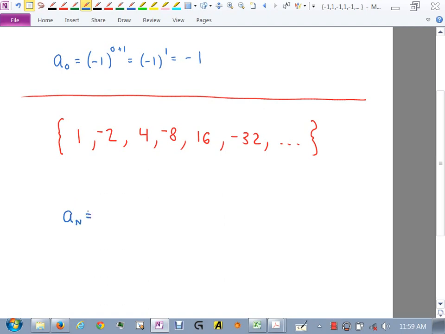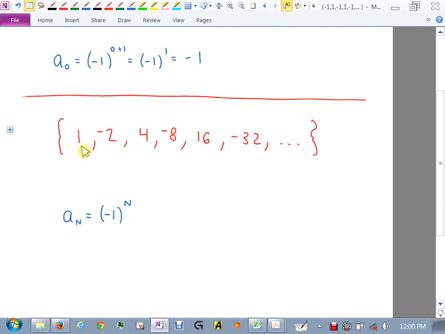When I look at a sequence, I always look to see first, is it alternating? Is this one alternating? Yes, it's going positive to negative, positive to negative. As soon as I see it's alternating signs, I know automatically my formula must include this. Now, it might be n plus 1. It might just be n. I need to check. When I plug in 0, I need the first one to be a what?